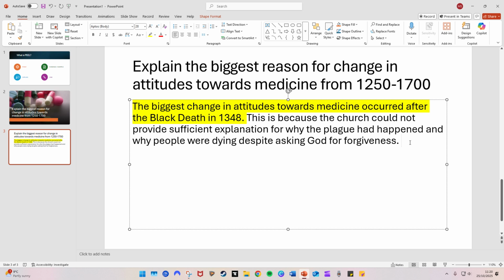So now I'd like to explain this a little bit more. So the plague, and we want to use language again, so Black Death, because obviously we have the Great Plague much later on, so we want to keep using Black Death.